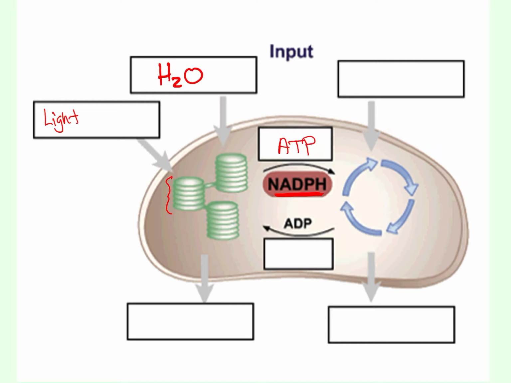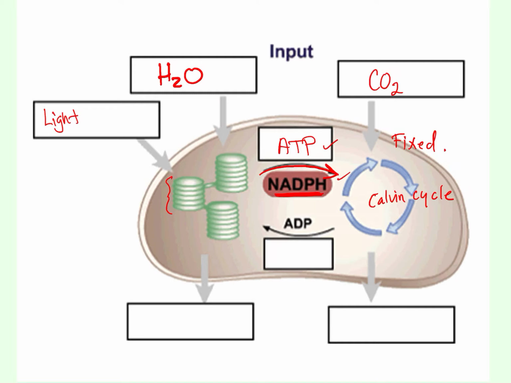ATP and NADPH are going to be used. This guy's called the Calvin cycle. What is going to go into the Calvin cycle, right? So this is our Calvin cycle, and we're going to have carbon dioxide being fixed. Remember that word, fixed. We're going to use our ATP and NADPH.